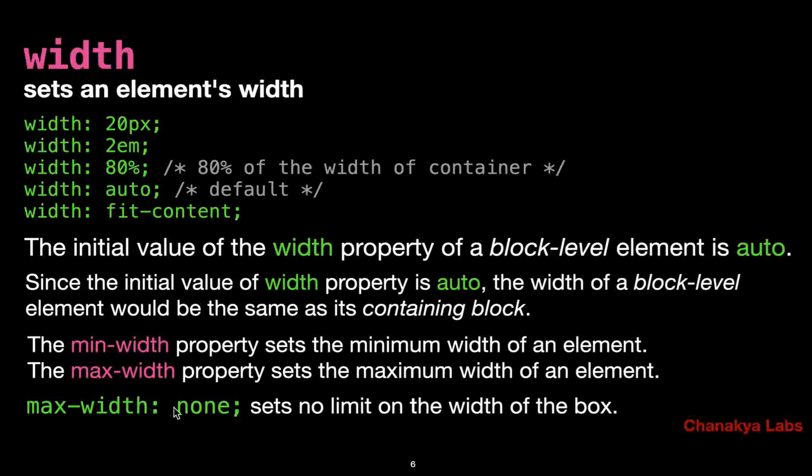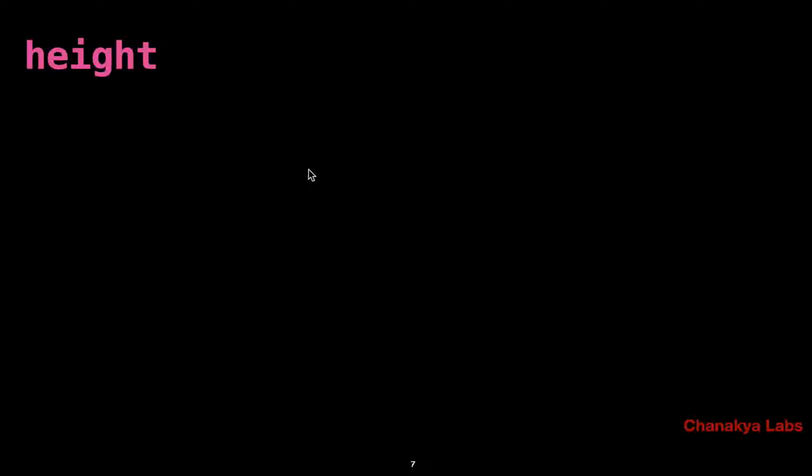Now max width can be set to none, which will set no limit to the width of the container, which means that even if it is going across the page, it will not wrap at all. This is not generally used, but it can be used in special situations, so just know that. Otherwise, mainly you will be handling min width and max width properly as per the page which you are designing.